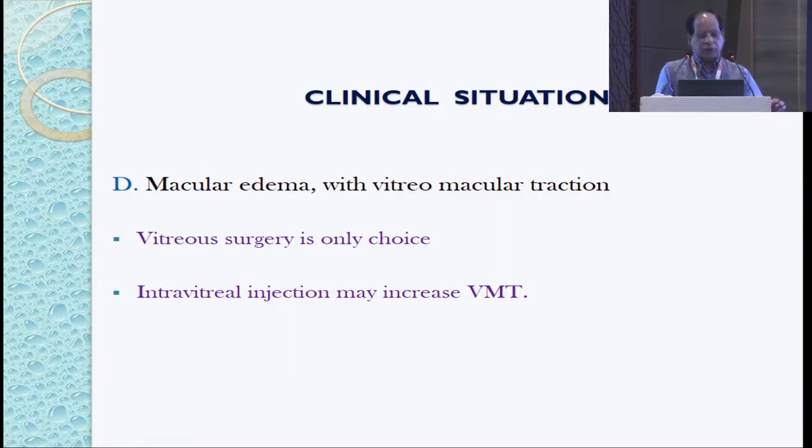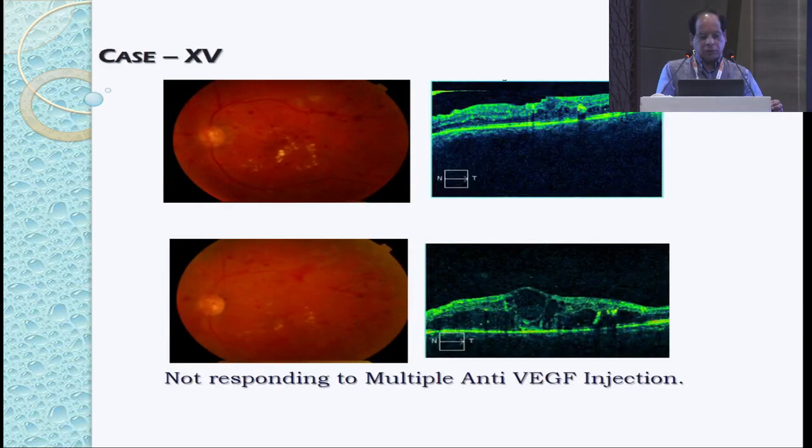The last situation where we should talk about is macular edema with traction. Vitreous surgery is the only choice, and this is one patient who had CME which increased. We have given multiple injections. The hard exudate with the systemic control was decreasing, but the macular edema cystic spaces were persisting.